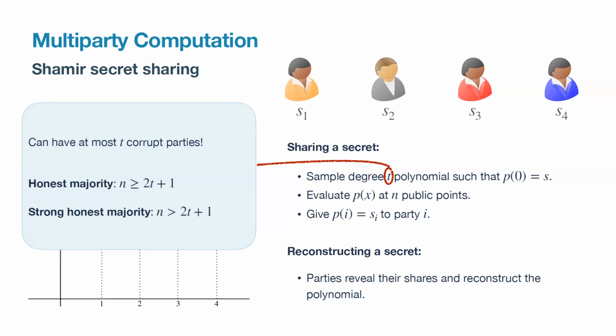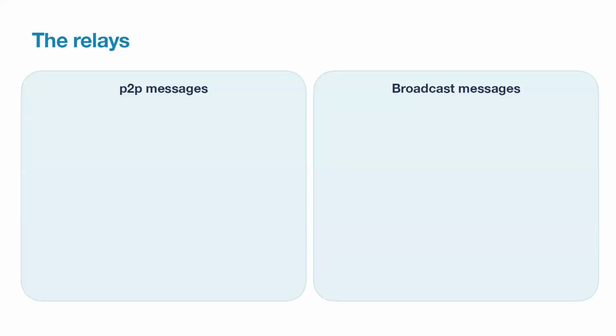And that's because this is what allows the faster parties to move ahead in the computation. So even if there's some parties that have delays, as long as we have 2t+1 parties that are ready to continue the computation, then they can move ahead. And later on, the delayed parties will catch up by requesting the messages from the relays that were sent in the meantime.